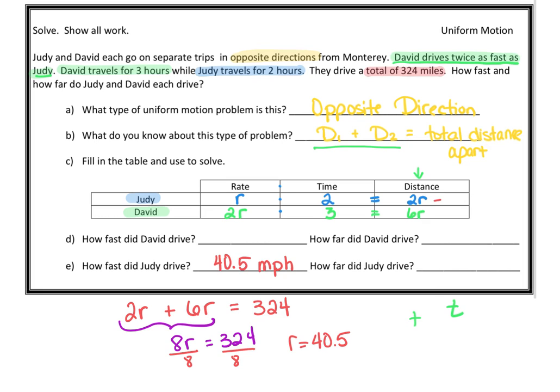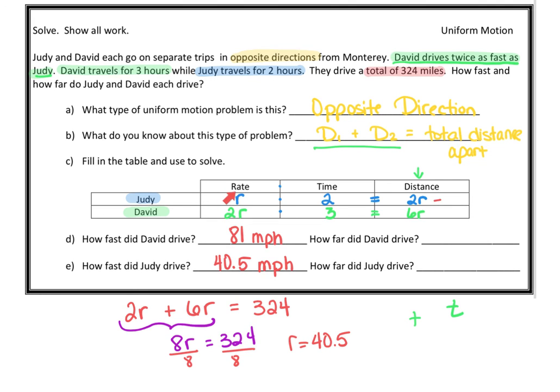How then do I solve for David's? Multiply by 2. What happens when I multiply by 2? 81 miles per hour. How far did David drive? How do I find that? How do I find David's distance? I have his rate.